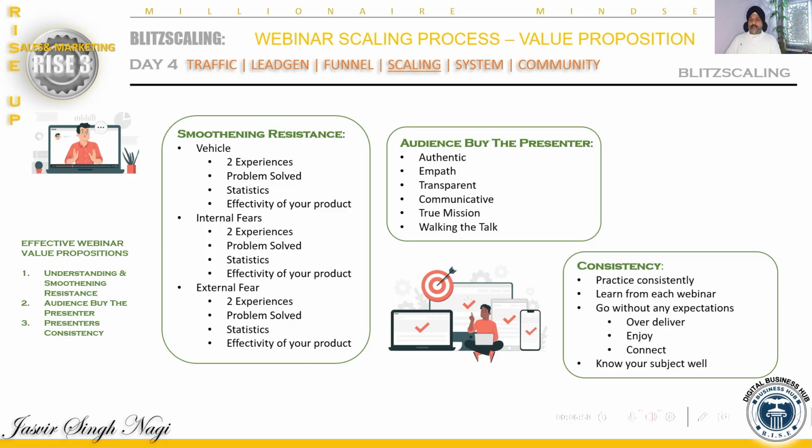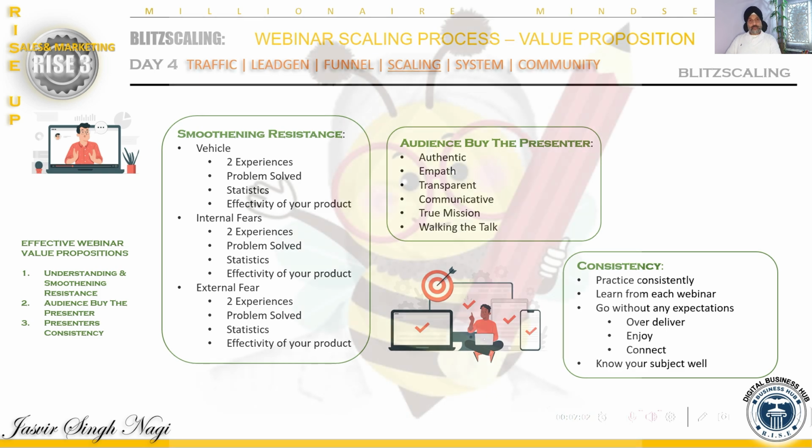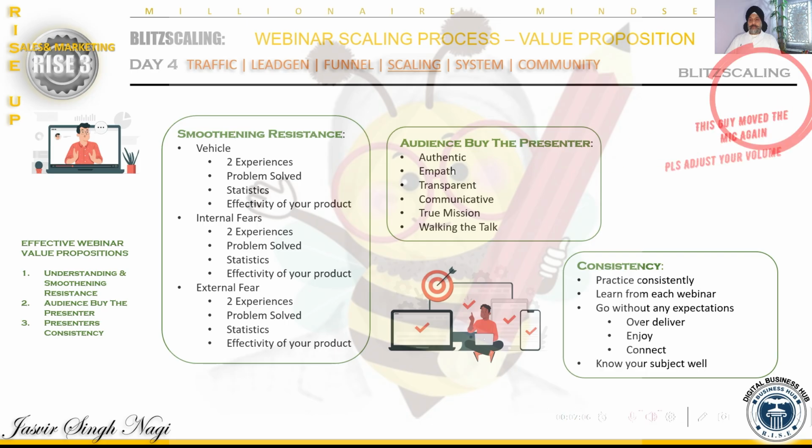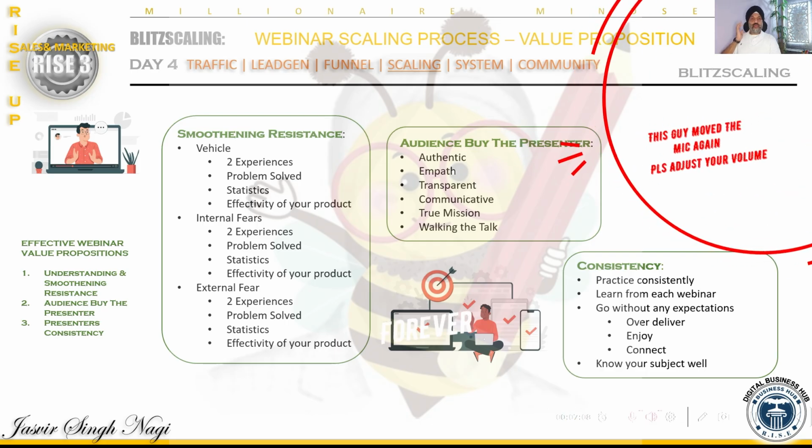Okay. With that said, consistency. Another soft skill that one should have, right? Now, for you to deliver a sensible webinar for scaling purposes, right? You need to practice it, right? I told you, right? You go and do it on your own also, mirror webinaring and so on and so forth, so that you get that confidence and you know exactly what you're talking about and why you're talking.